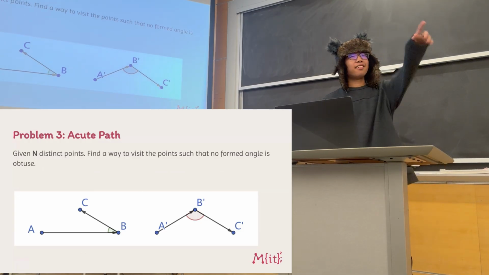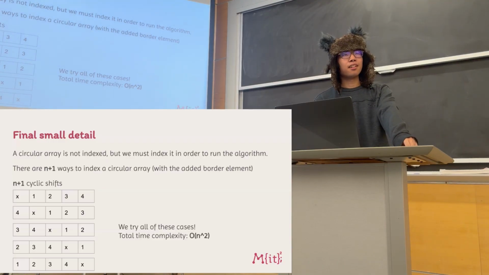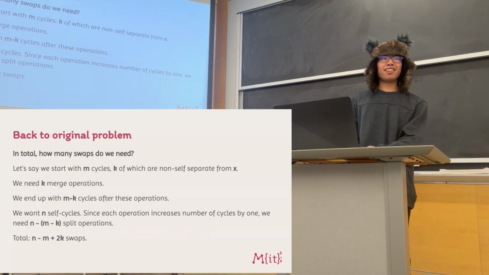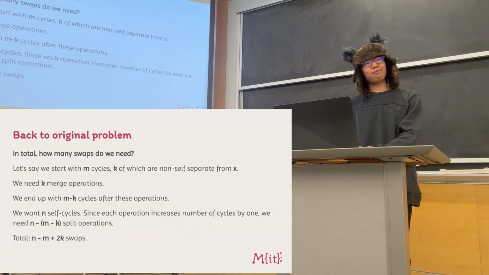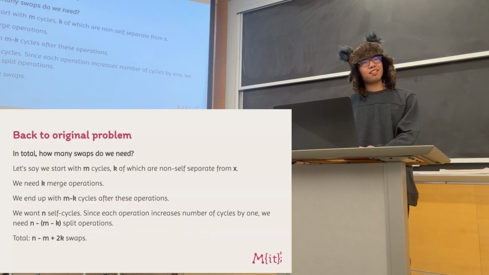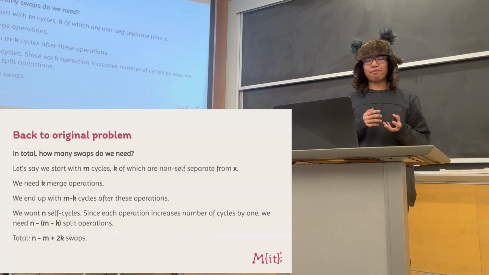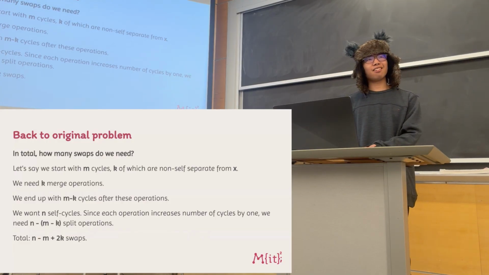How do you know that's the best way to do it? Oh, this? Yeah. Well, do you agree that we need at least k merge operations? Because after we do the k merge operations, we have m minus k cycles, right?